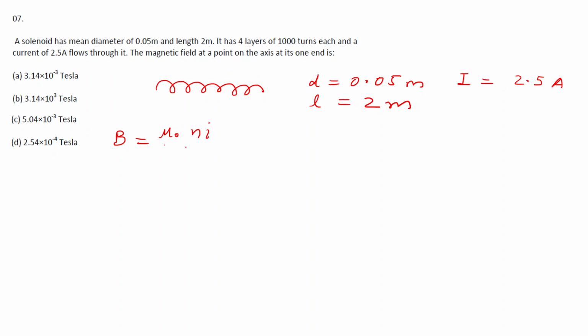The value of mu naught is 4 pi times 10 to the power minus 7. The number of turns is 4000, and this is actually the number of turns per unit length.